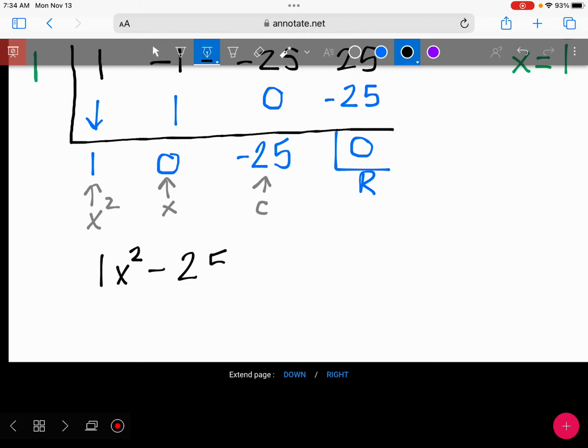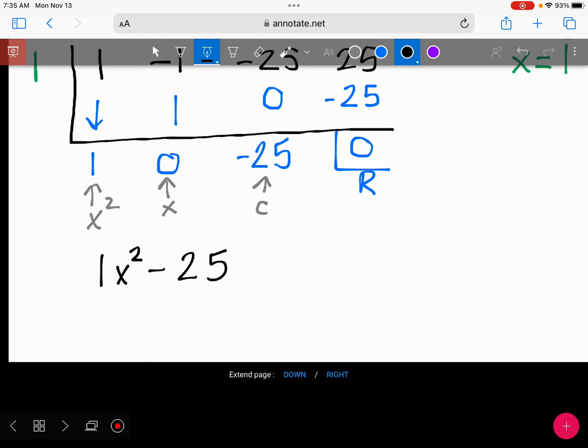Minus 25. And we're asked to factor this to find the rest of our solutions. That's our next step, is we're going to factor this out.